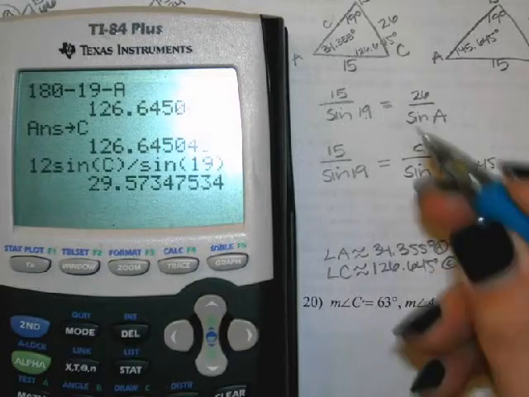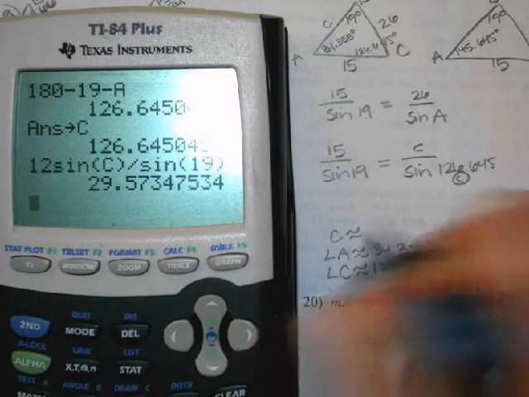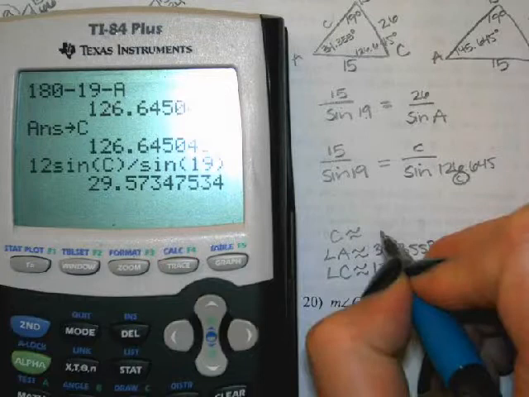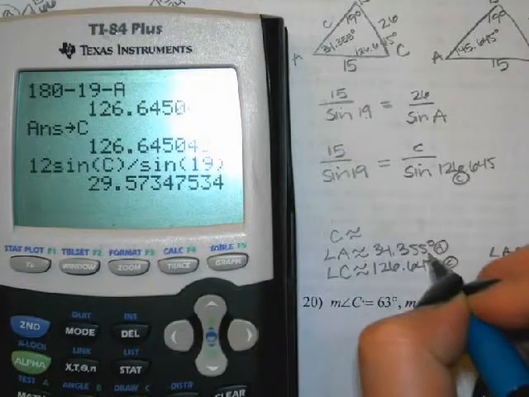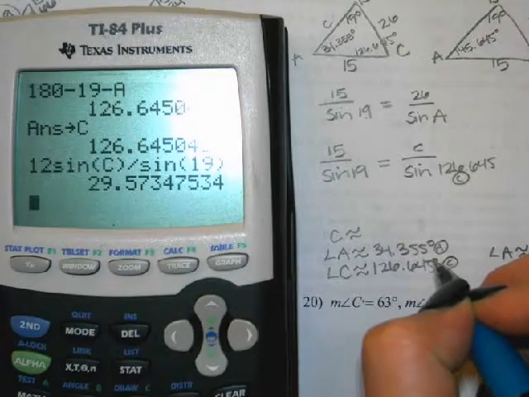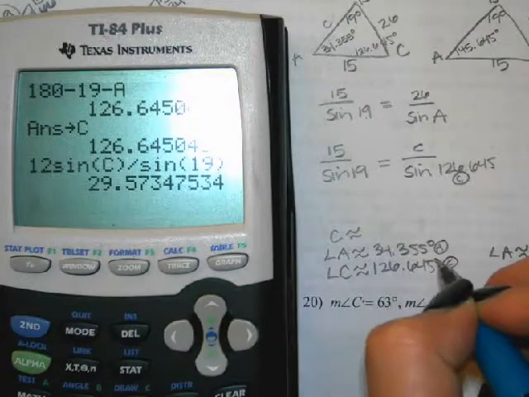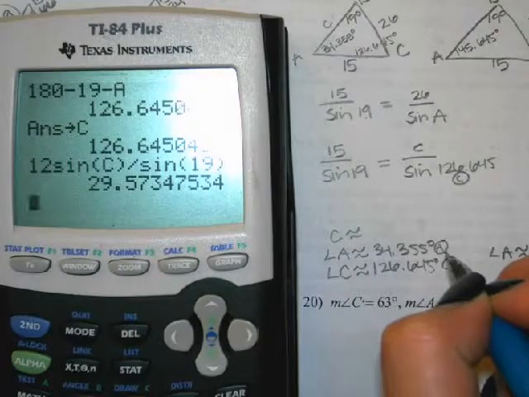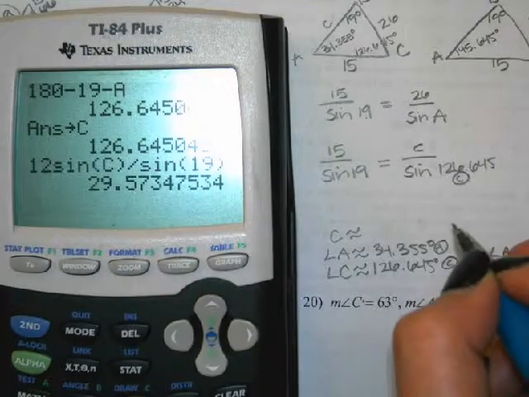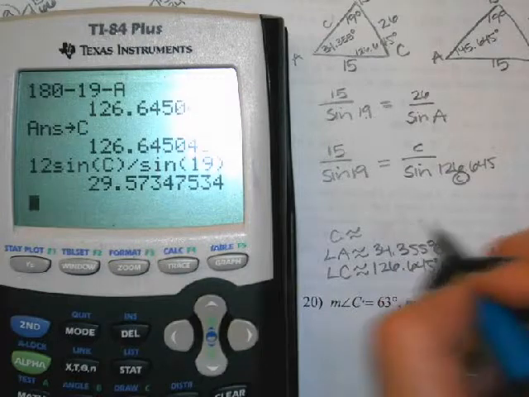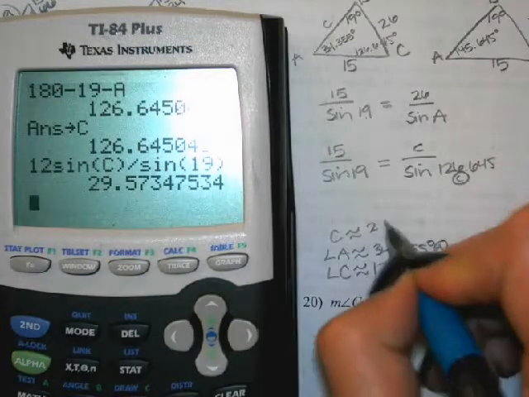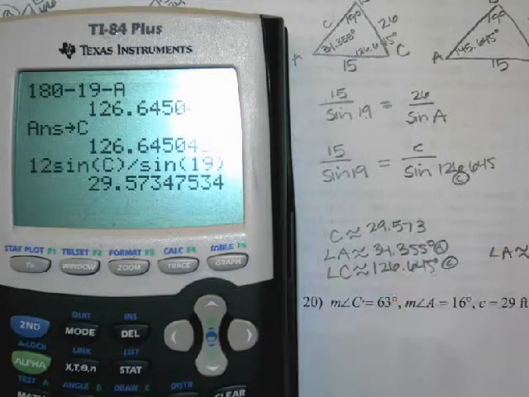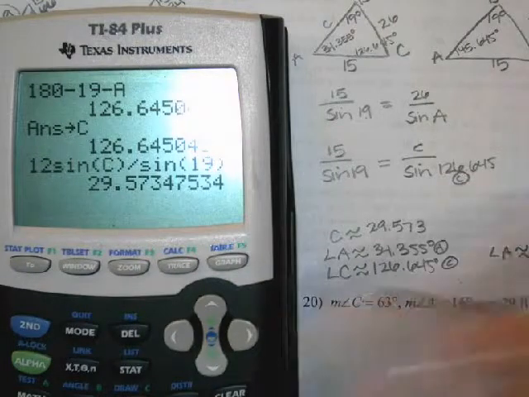All right, and so side C for the first triangle is, sorry, I said side C of the first triangle is instead of 15.